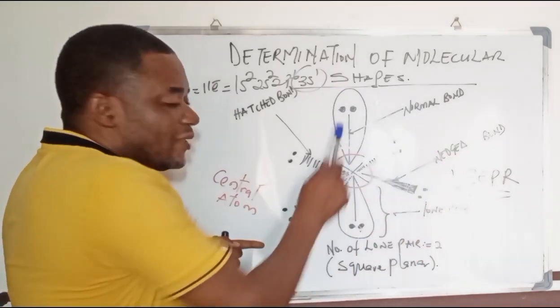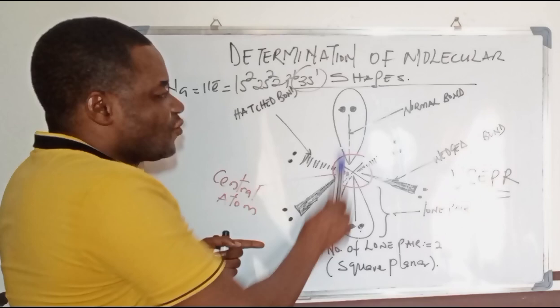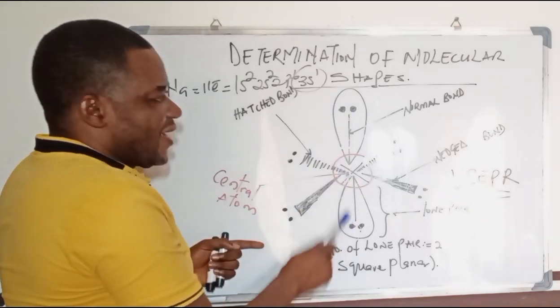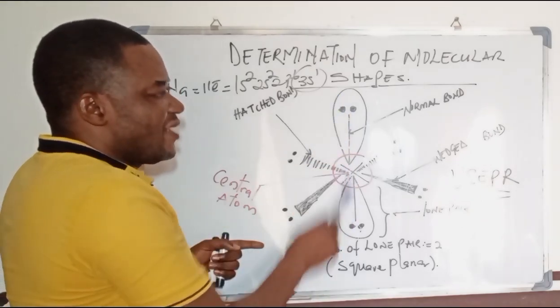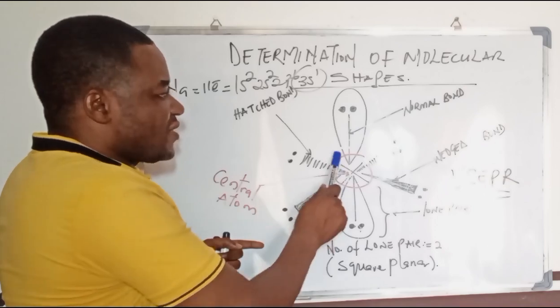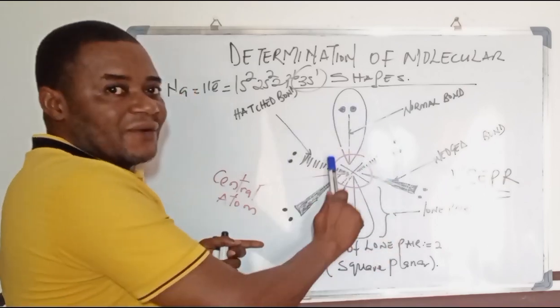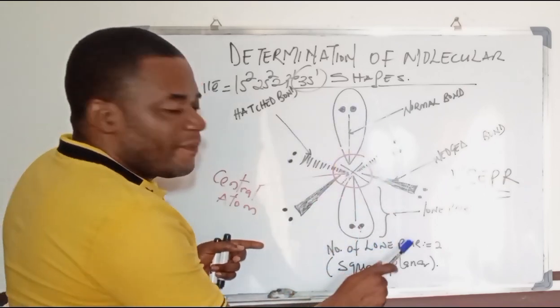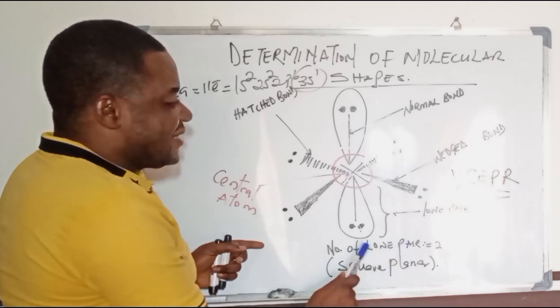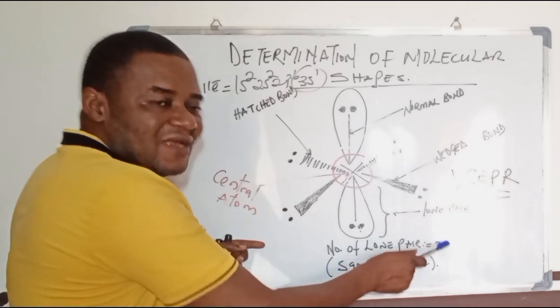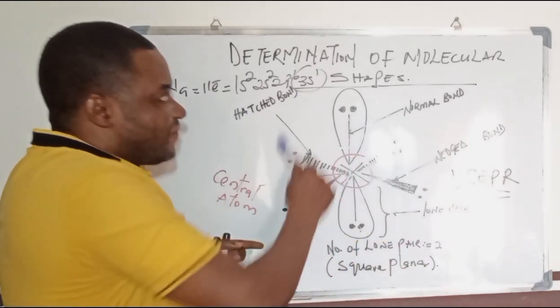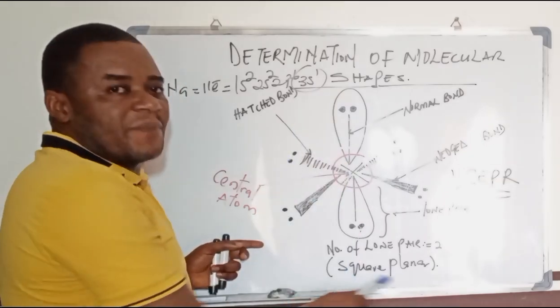These two are not bonded. So we have one pair, two pair. So two pairs of electrons here are not bonded. That's why we said for this particular compound, there are two lone pairs. And with the presence of two lone pairs, we can classify the shape of this molecule to be square planar.